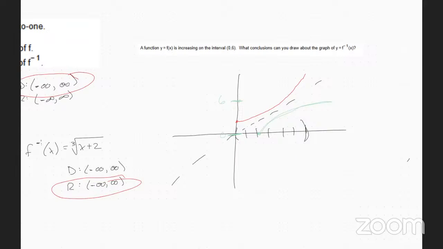You can't just say it's increasing on an interval of x. You can say that on the range of 0 to 6, for the values of the range from 0 to 6, the graph is increasing. I just don't know how you would say that.